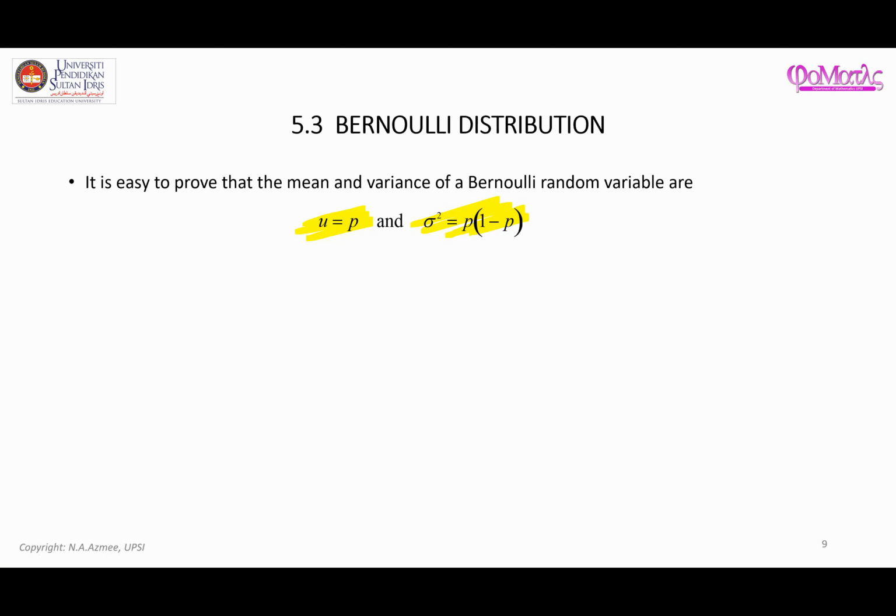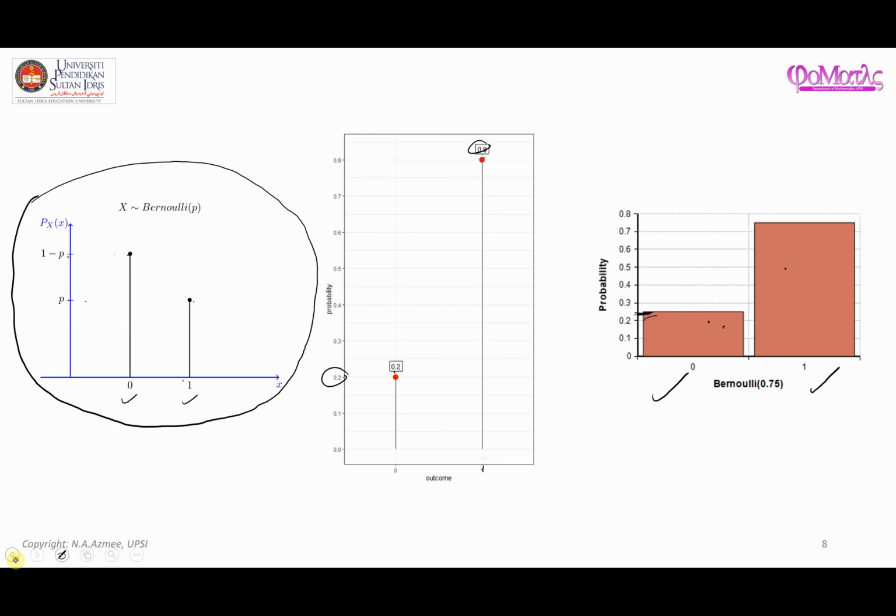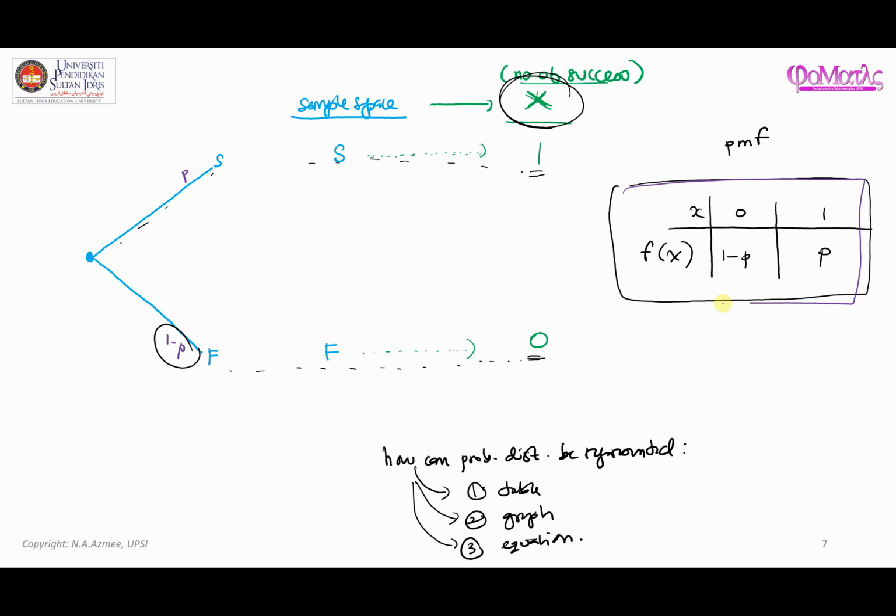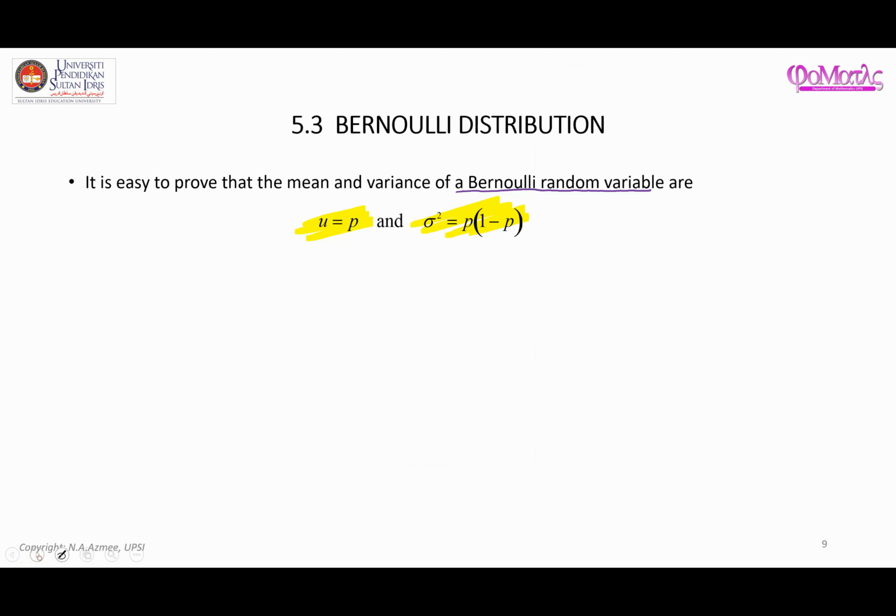When you have a Bernoulli random variable, this is an example of a table that can be constructed to represent the probability mass function. I'm just going to write down the table again. We have 0 and 1, and the probability of getting 0 is 1 minus p. The probability of getting success, which is represented by 1, is going to be equal to p.